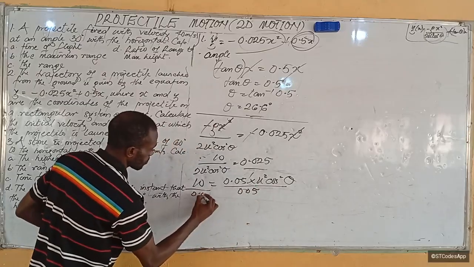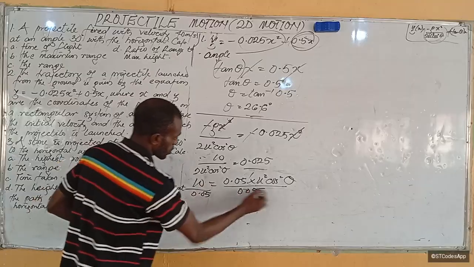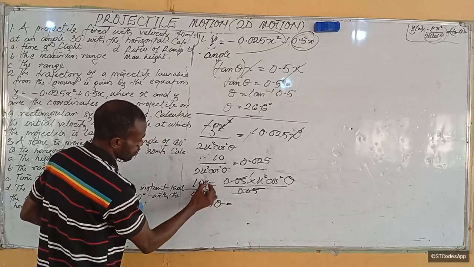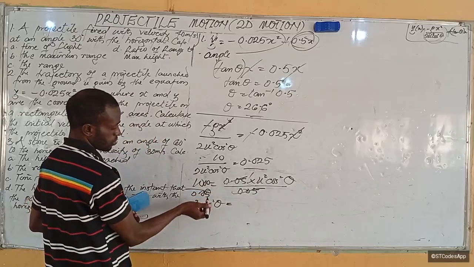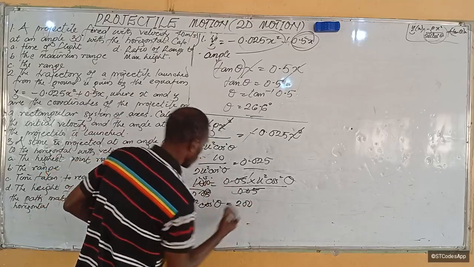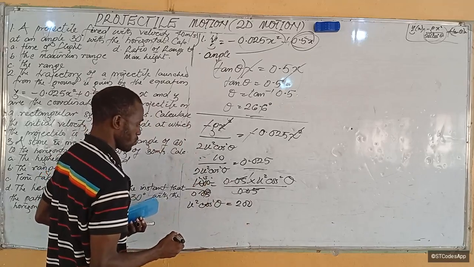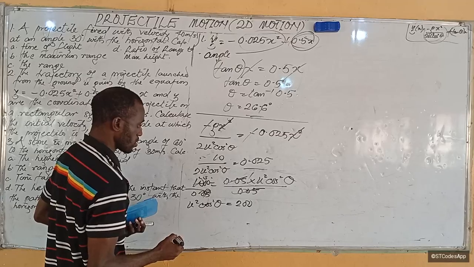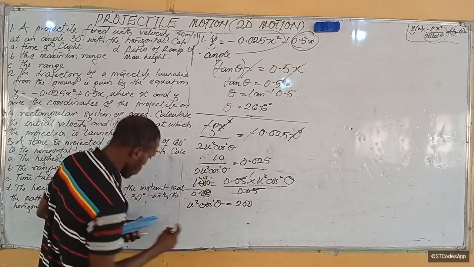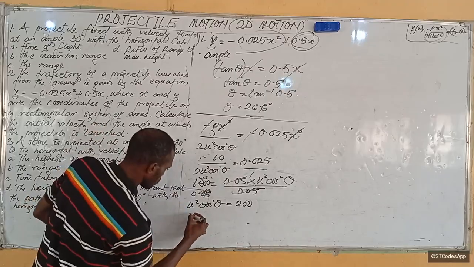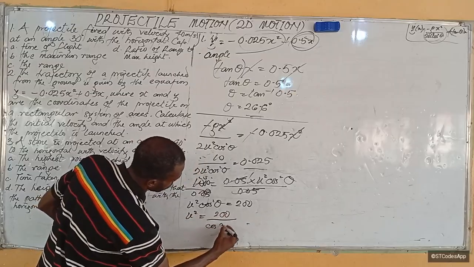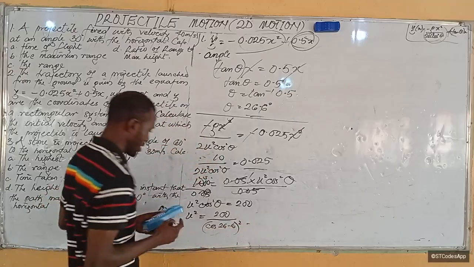So u squared cos squared theta becomes 200. Theta is already gotten, so u squared will be equal to 200 divided by cos 26.6 all squared.